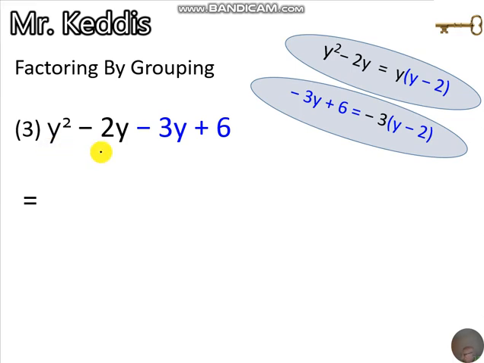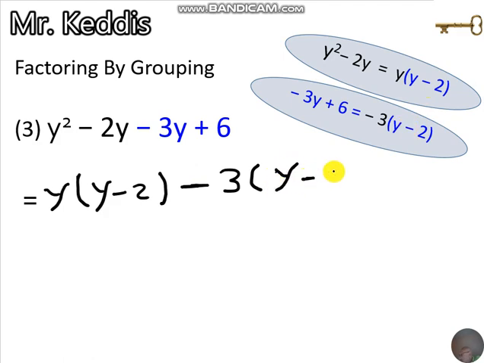You have y squared minus 2y, you factor y. Actually, you get y here, and here y minus 2, minus 3 here, and also you have y minus 2 in both of them.